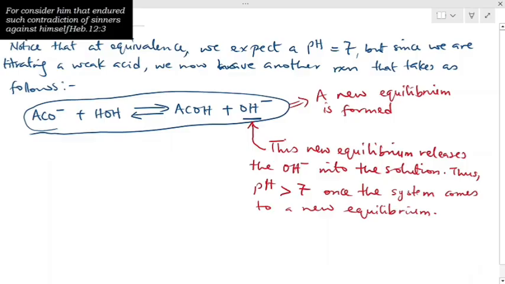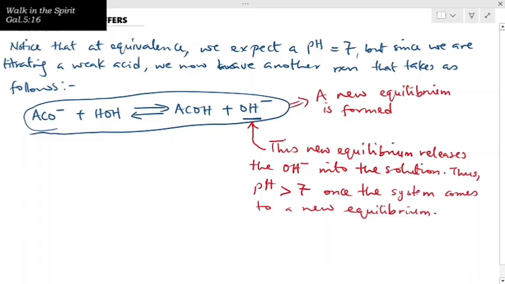So notice something else in the graph that we saw, that pH 7 is a point of what? Neutrality. So if I take a strong acid and a strong base, say hydrochloric acid and sodium hydroxide, if I neutralize the hydrochloric acid, which is your HCl, with the base, at equivalence, the pH is going to be 7.